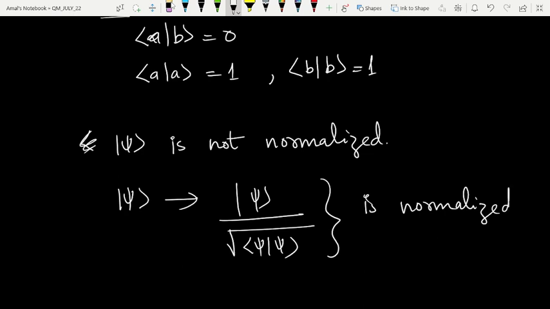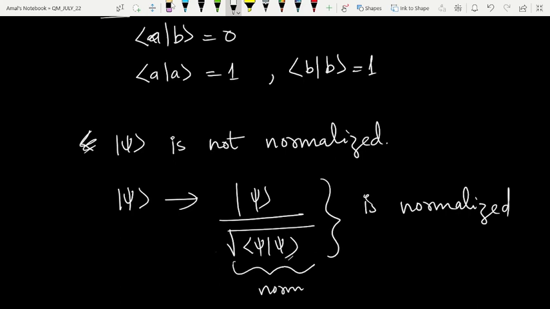This is similar to constructing a unit vector in some direction by dividing a vector by its magnitude. To get a normalized vector, we divide that particular vector by its norm, similar to dividing a normal vector by its magnitude to get a unit vector.